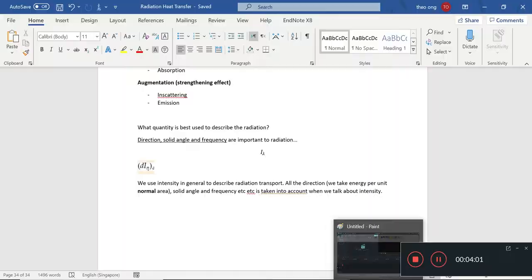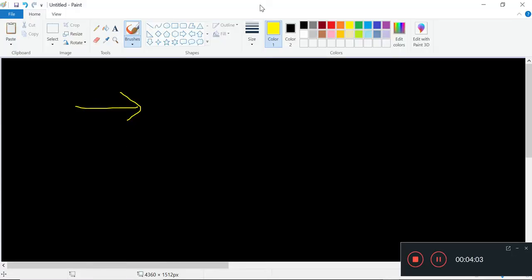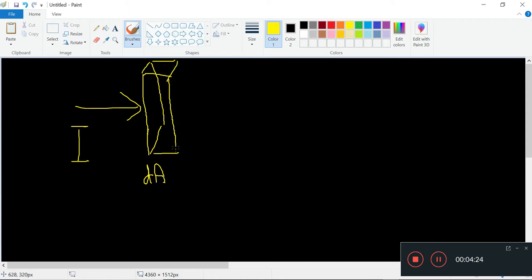Let's say we have radiation at some intensity going along the path, and then it goes through an area, the normal area dA, and it goes through a very small path.